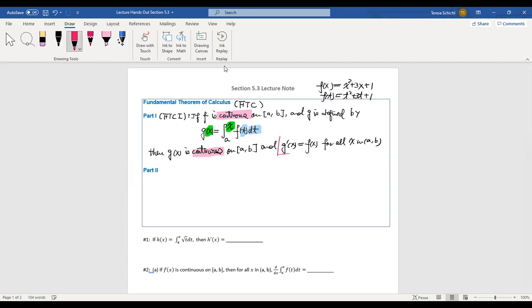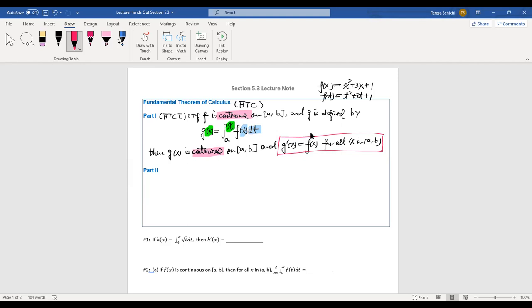If you want to take the derivative of g(x), because you integrate f(x) to become g(x), this is why the first fundamental theorem says g prime: if you take the derivative of g(x), which is the integration of f, you just put the x back, and it will just be the function f(x).